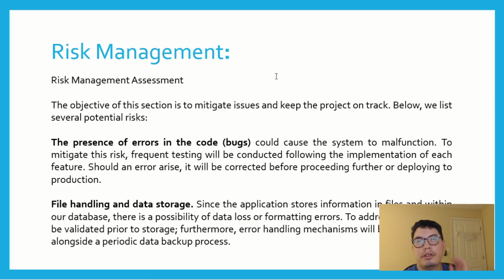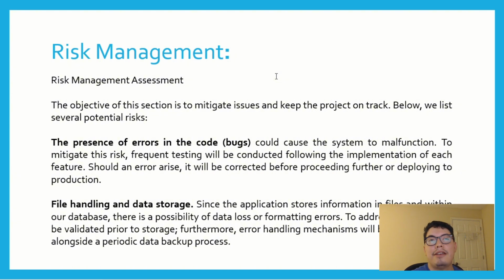For example, I could have errors in my code or bugs. This is a malfunction of the system. To mitigate these risks, I have to test each feature and resolve the error as soon as it arises, before deploying to production.